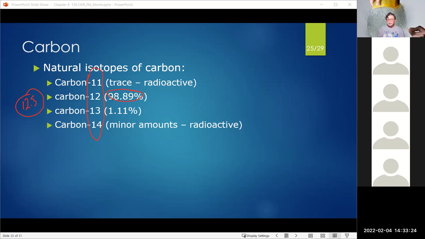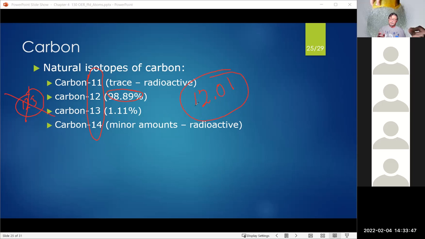But because there's more carbon 12, it brings more contribution. The overall atomic weight, the average, turns out to be 12.01 because there's a lot more contribution from the carbon 12 than the rest of the isotopes.